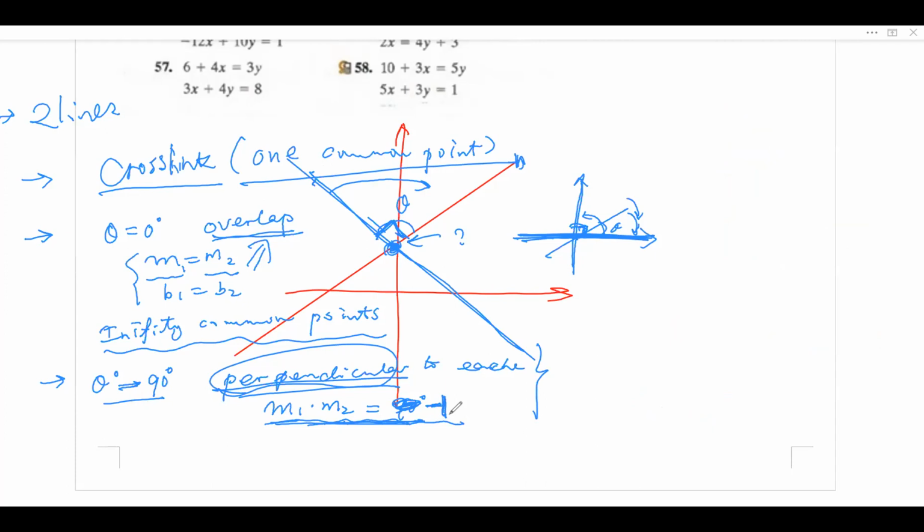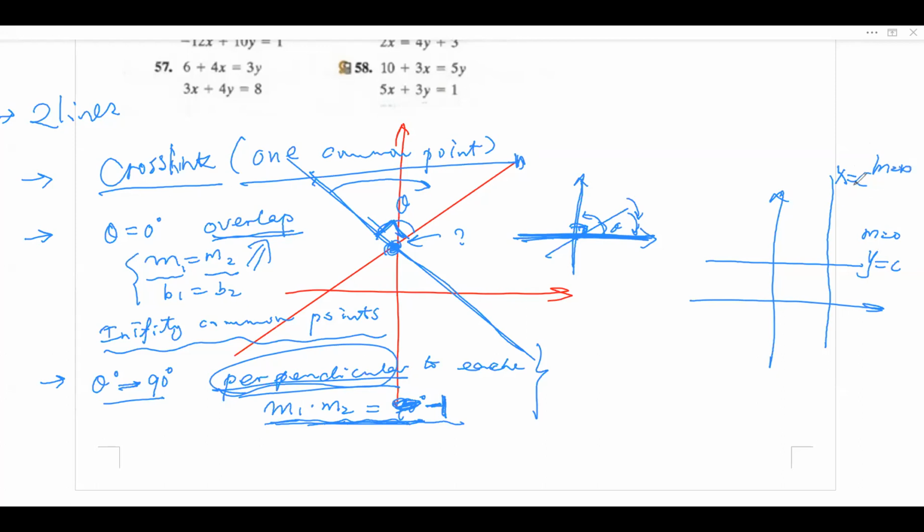But there are two special situations. When we talk about special lines, this one is a horizontal line, and the slope is 0. And this is a vertical line, and the slope is infinity.